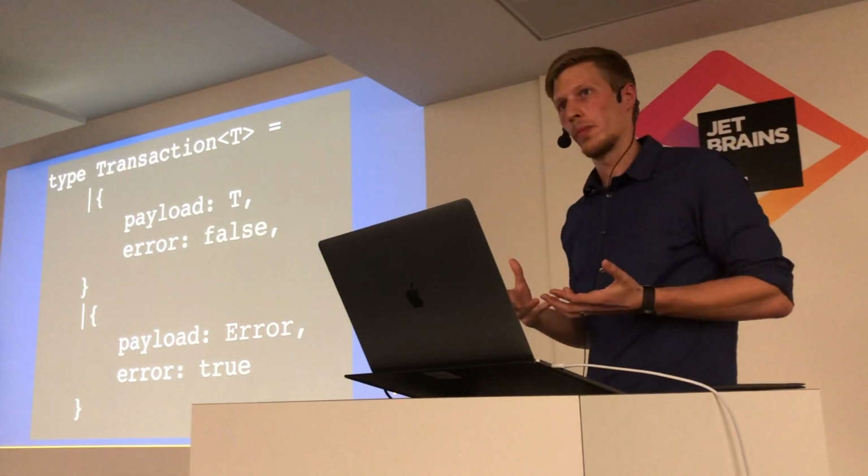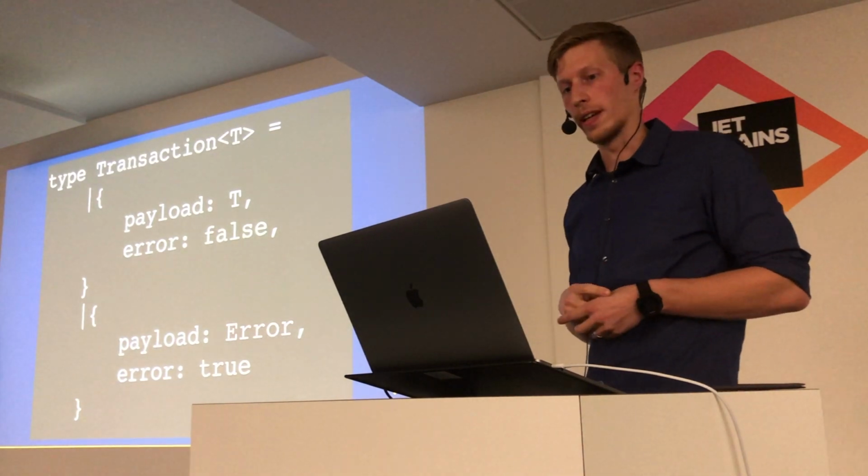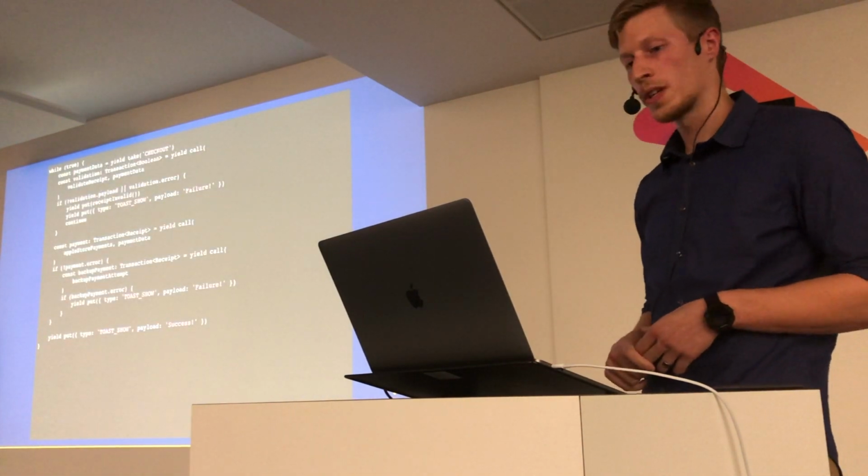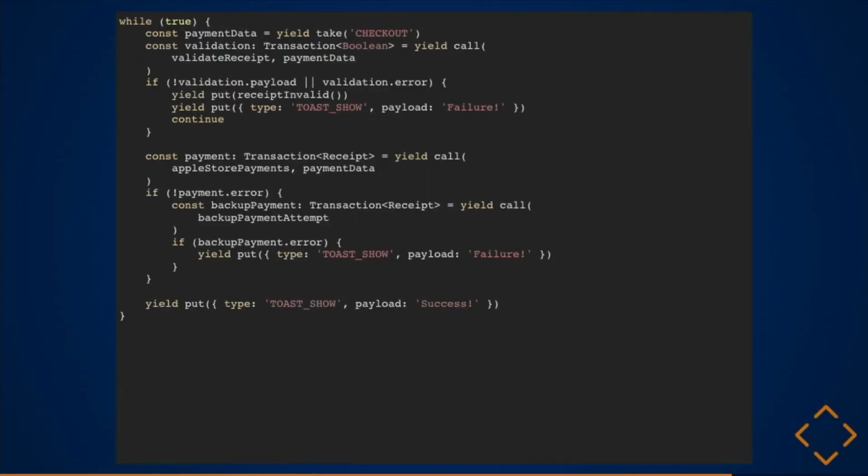So our watcher can remain pure and doesn't have to worry about that. So with that simple change, that our validation and our call to the store now return transactions, the code is much, much easier. So I recommend if your watchers are getting too long, add the transaction.